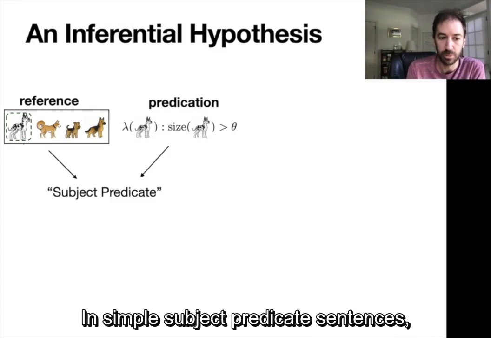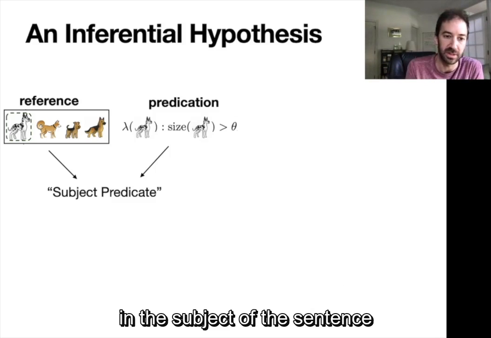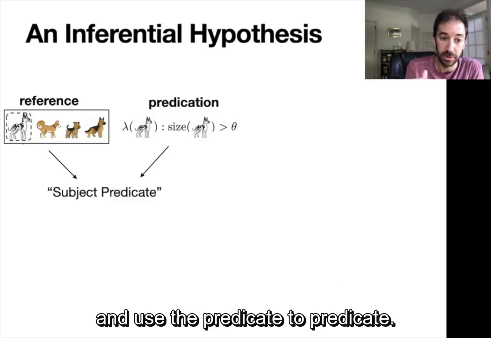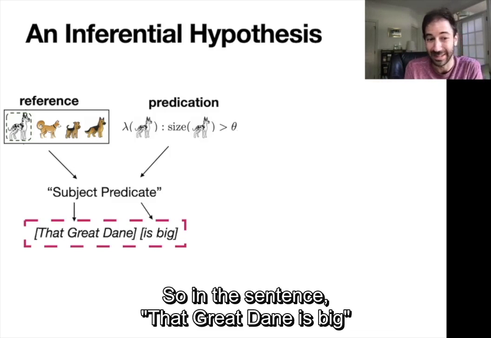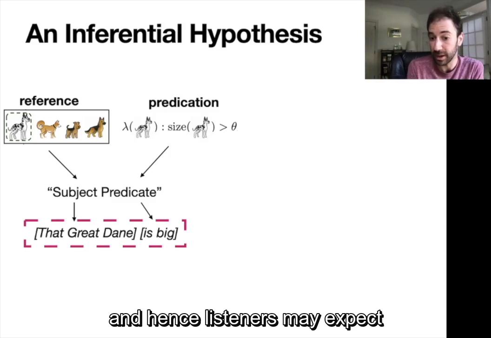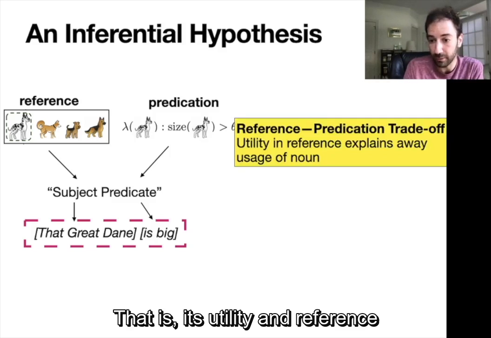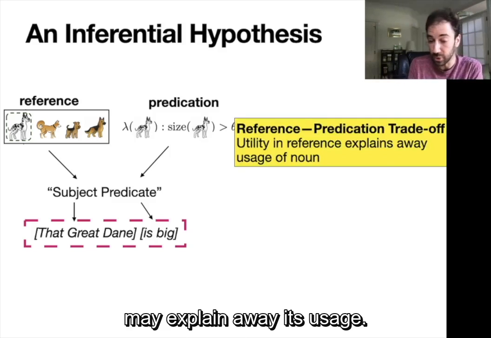In simple subject-predicate sentences, listeners may expect speakers to establish reference in the subject of the sentence and use the predicate to predicate. So in the sentence, "that Great Dane is big," the noun Great Dane appears in the subject, and hence listeners may expect it's more likely to be used for reference. That is, its utility in reference may explain away its usage.